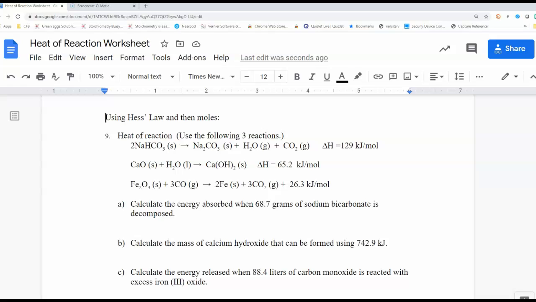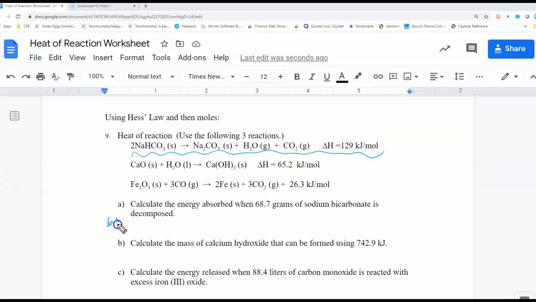So calculate the energy absorbed when 68.7 grams of sodium bicarbonate is being decomposed. Sodium bicarbonate being decomposed is this reaction right here. So we want to do that sort of math again.